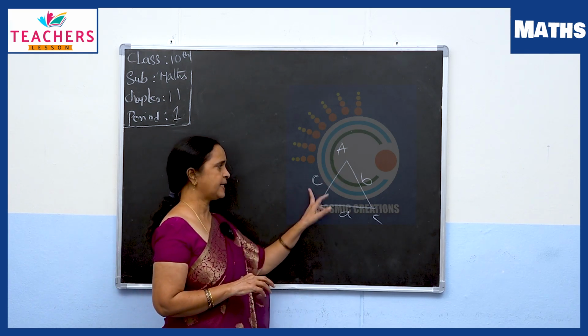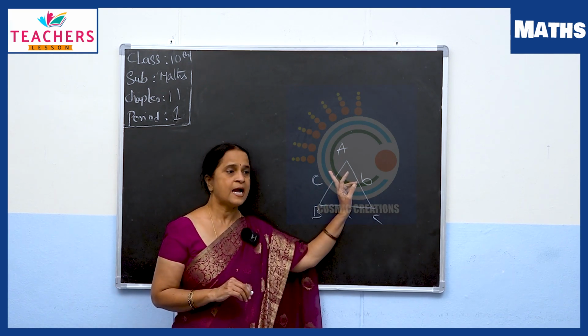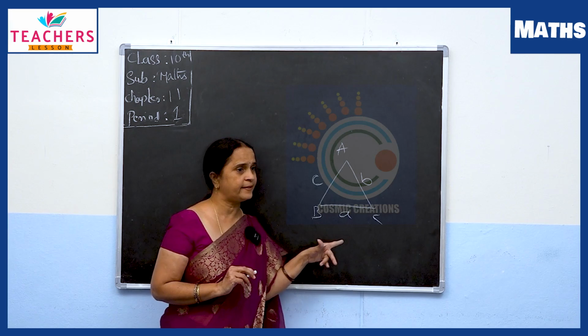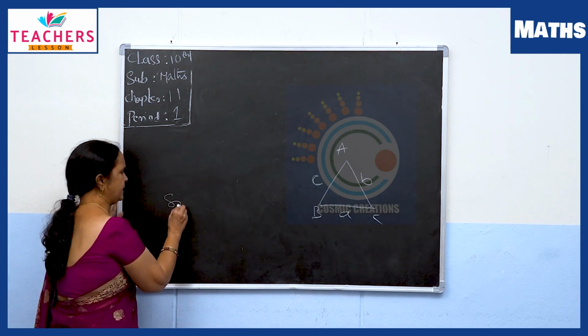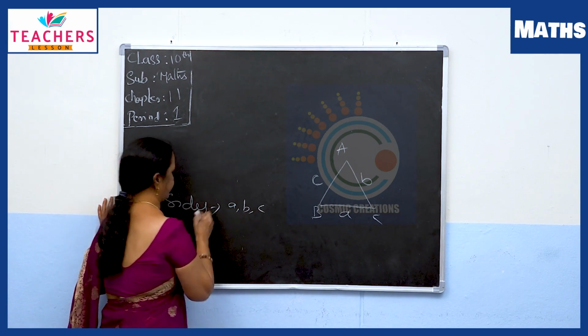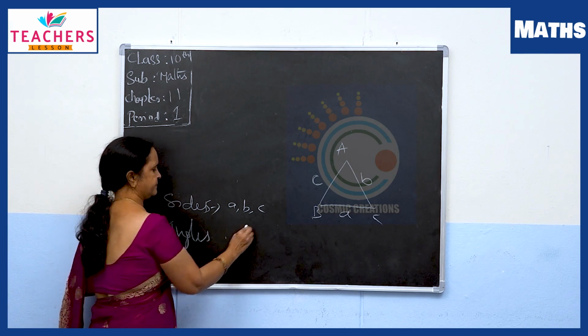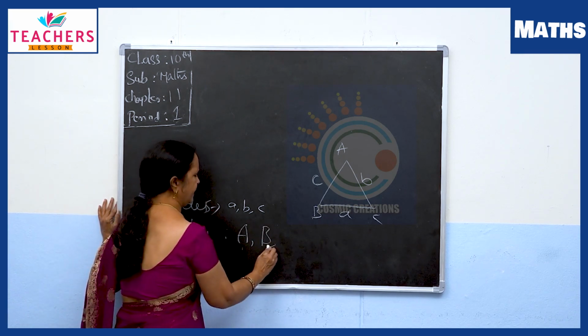Sides ABC, and angles also. How many sides are there? 3: a, b, c. And the angles are capital A, B and C.